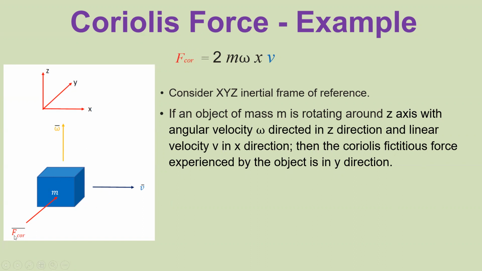So you can see this Coriolis force is perpendicular to both omega and v. If you apply right hand rule from this to this, you can see Coriolis force is directed in this direction. So this is again to emphasize how the Coriolis force is obtained in magnitude and direction.